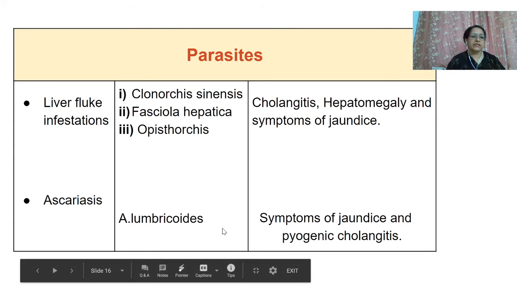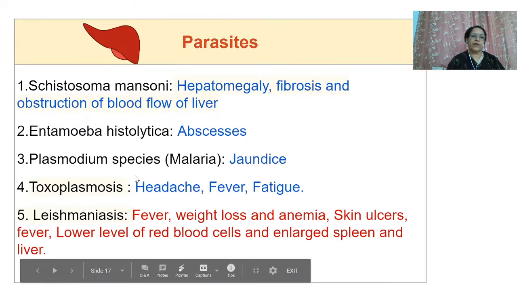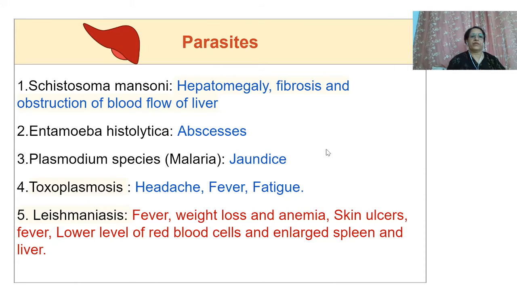Then Ascaris lumbricoides, when it infects, jaundice and pyogenic infections are common. Other parasites are Schistosoma mansoni, where there is swelling of the liver, called hepatomegaly. There is fibrosis and obstruction of blood flow of the liver, which is again a life-threatening condition. Mortality rate is quite high in such conditions.